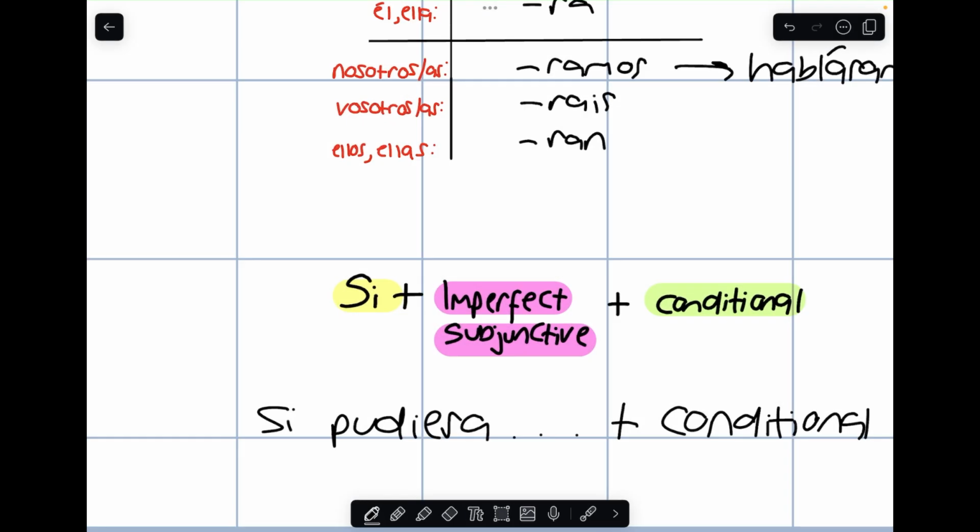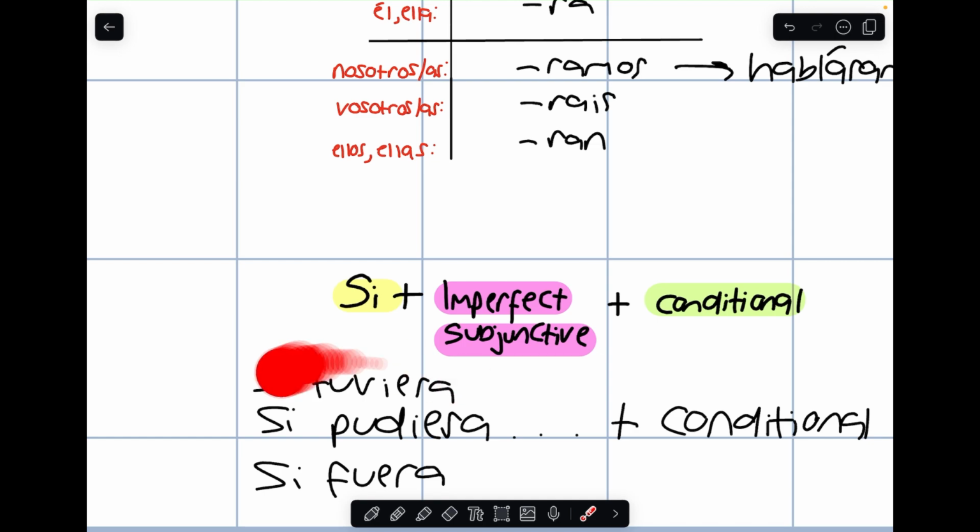So that means if I could, plus the conditional. We could also have something like si tuviera, meaning if I had. Si fuera is if I were, so if I were tall, if I were the president.